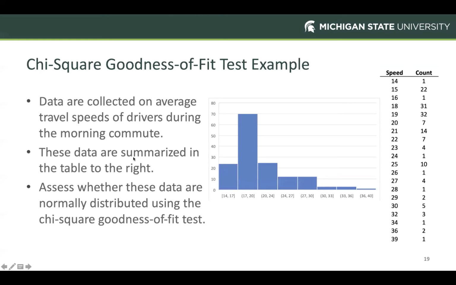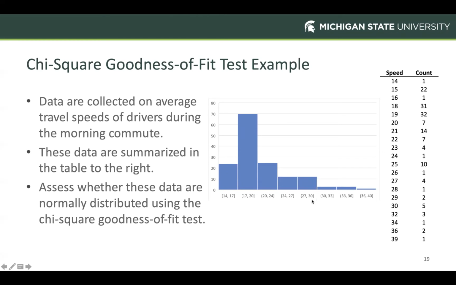From a quick eyeball test, it looks kind of normal, but then we see that we've got a fairly long tail on the right side. So we have a fairly high number of relatively large observations relative to where the bulk of those data are centered, okay? At the onset, we would have some suspicion as to whether or not these data are well approximated by a normal distribution, but we'll formally assess that by working through the test.